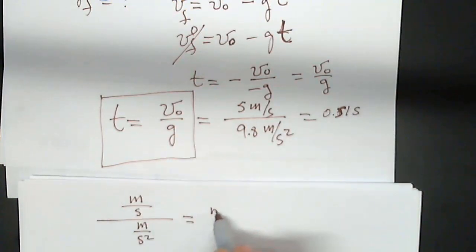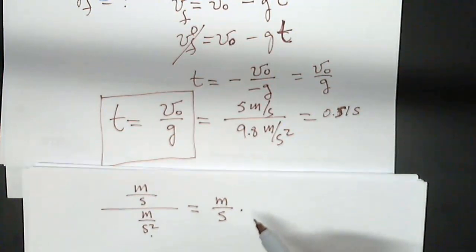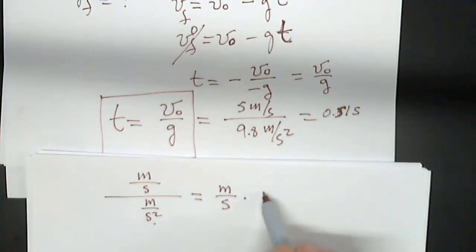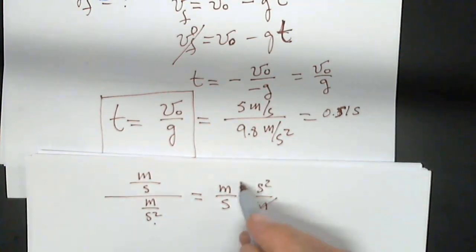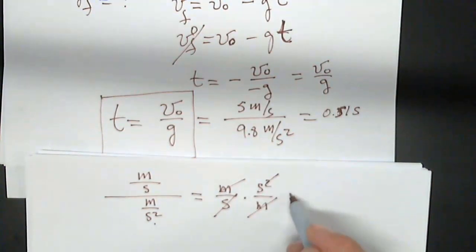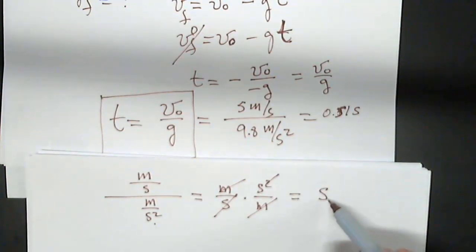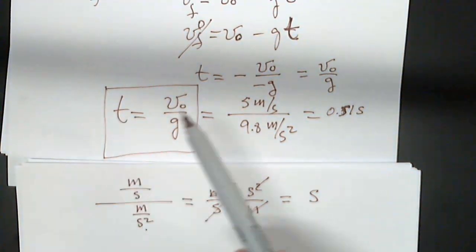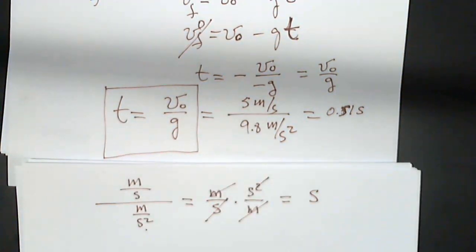You have a fraction at the top, that is meters per second, and a fraction at the denominator, so you multiply by the reciprocal, and the reciprocal is second squared over meter. As you see, meters cancel, 1 second cancels, and you are left only with seconds, which makes sense because this is time and time is in seconds.